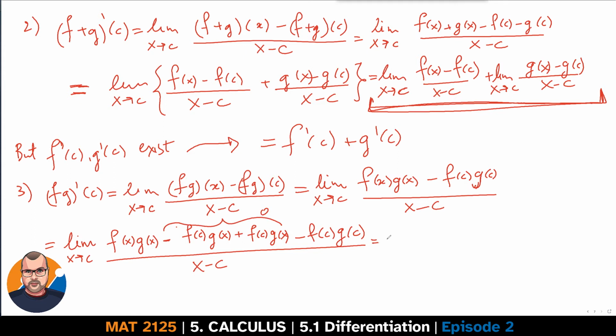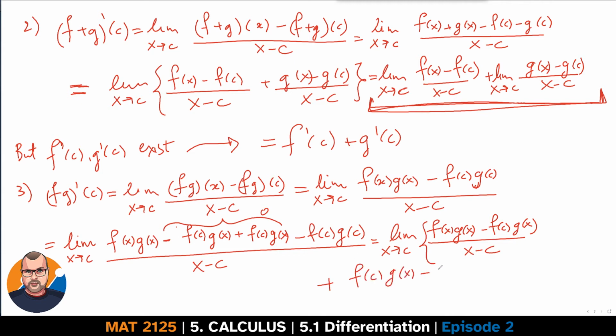This will allow us to rewrite the sum as f at x g at x minus f at c g at x divided by x minus c plus f at c g at x minus f at c g at c divided by x minus c, and we compute the limit.